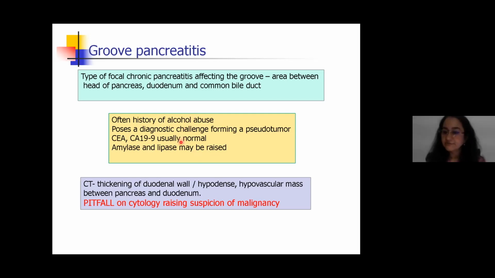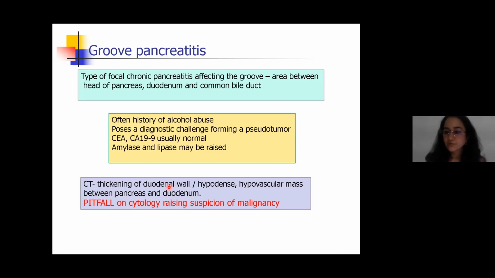CEA, CA19-9 levels are usually normal. Amylase and lipase may be raised. On CT, there is thickening of the duodenal wall. There's a hypodense hypovascular mass between the pancreas and duodenum. And if you're not aware of the features on FNA, you may confuse it to be a mesenchymal neoplasm or some other tumor.